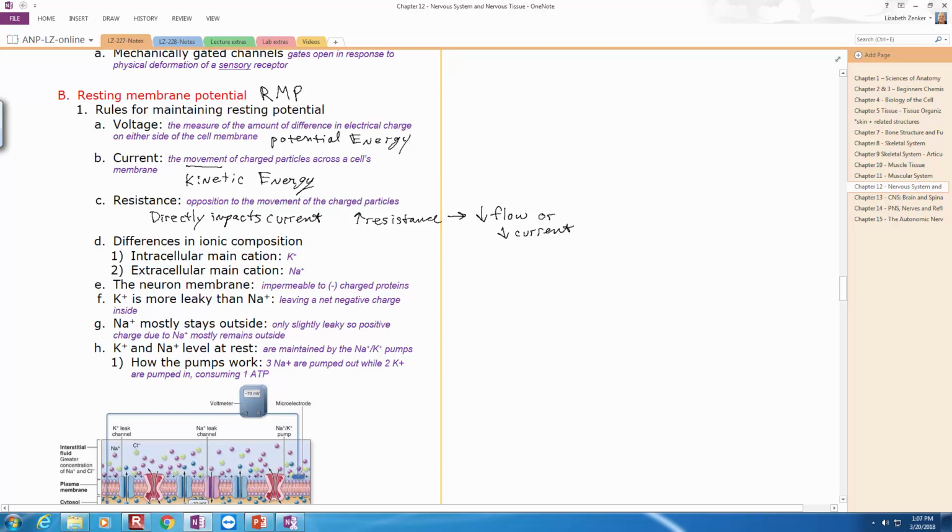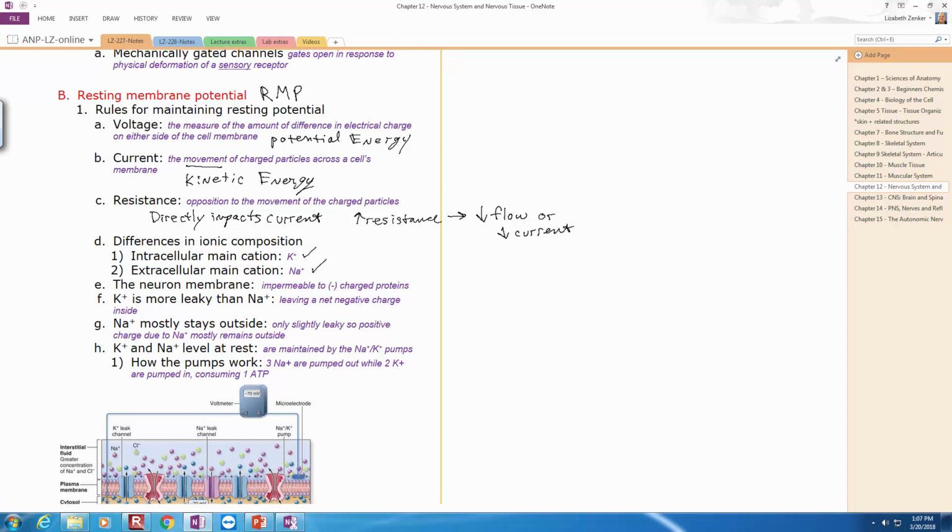So differences in ionic composition, some of this you guys already know. Intracellular, the main cation is potassium, which we already knew, and the extracellular main cation is sodium, so we already knew that. And then it says the neuron membrane is impermeable to negative charged proteins, okay?